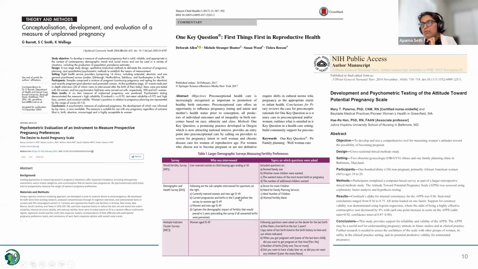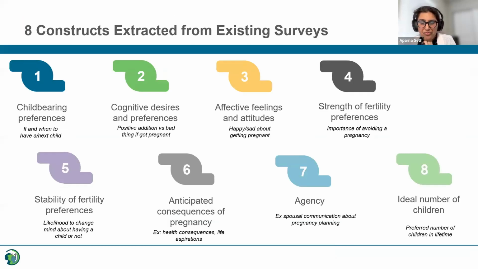On the bottom in the middle are examples of surveys that include questions on assessing fertility intentions from DHS, MICS, etc. And the last example on the right is the Attitude Towards Potential Pregnancy scale. So these are examples that measure fertility intentions either through surveys or psychometrically validated scales.